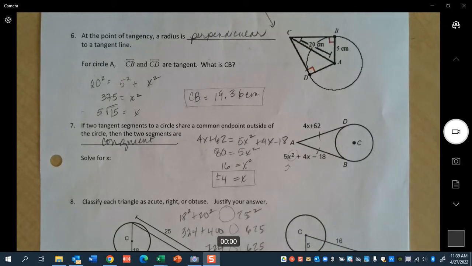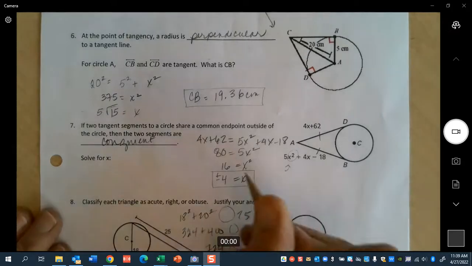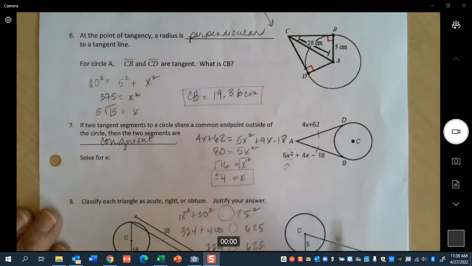So I'm going to go ahead and use Pythagoras to find it. On 7, this external point is going to guarantee that these two tangents are congruent. So I'm going to set them equal to each other and solve. I end up with a quadratic. So this step here, I can take the square root of each side, and I have to remember that's plus or minus.